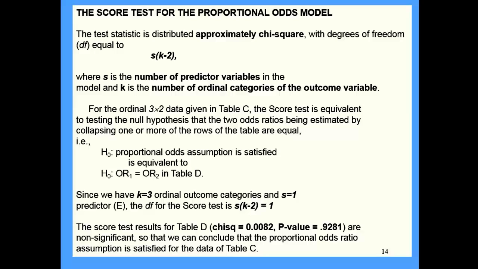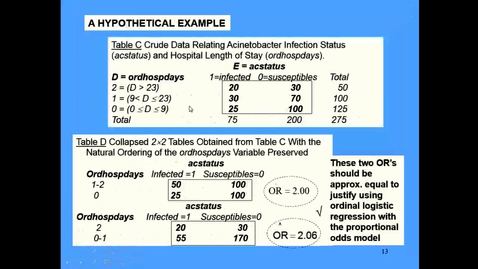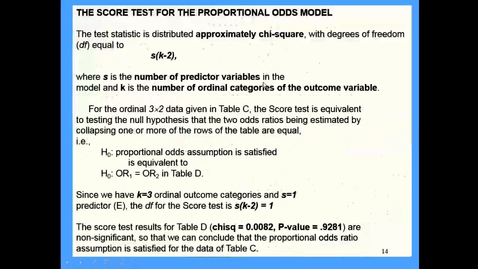Now, as I say, for the ordinal 3x2 table, in table C, C is this hypothetical example. You see, I say table C, and then I form table D, these two subtables from it.